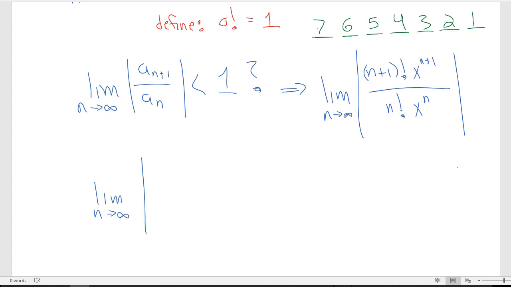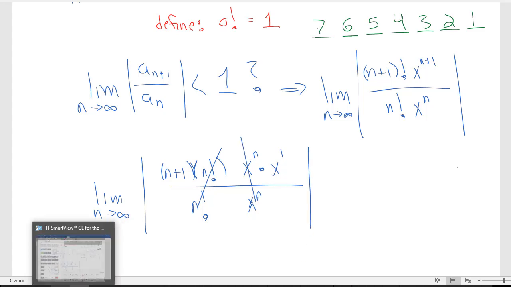When I look at the factorials, the larger factorial is in the numerator. So I'm going to peel off the first number in that factorial and leave the rest in factorial form, because that's going to cancel nicely with the n factorial in the denominator. And then the x to the n plus 1, I'm going to split up that exponential form. And again, the reason I'm going to do that is because the x to the n's cancel out, simplify rather nicely.